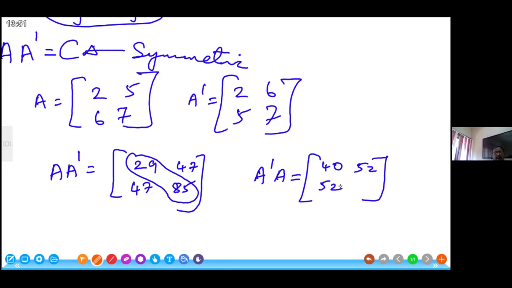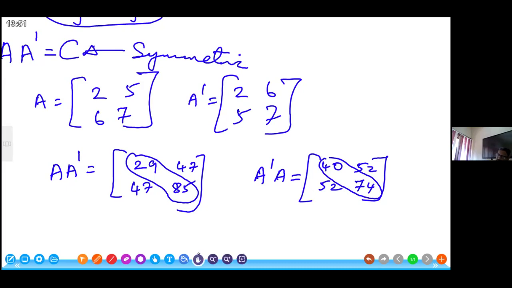Fourth element? 74. Yes. So you see, that is also a symmetric matrix.